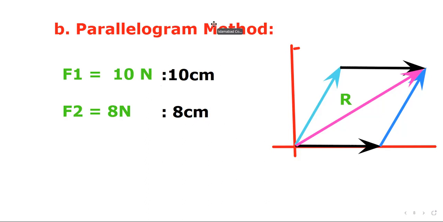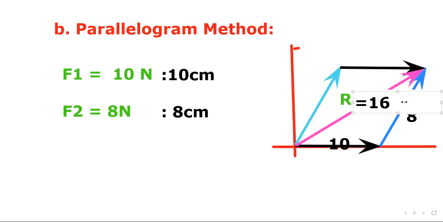Okay, so I'm gonna draw this one as, suppose this is our 10 centimeter in length, this is suppose 8 centimeter in length, which is actually in newtons. Now when this one would be 10 centimeter, this is 10 centimeter, this is 8 centimeter. Now suppose the resultant is, now you will use the scale to find out the length of this vector, and suppose it is 16.